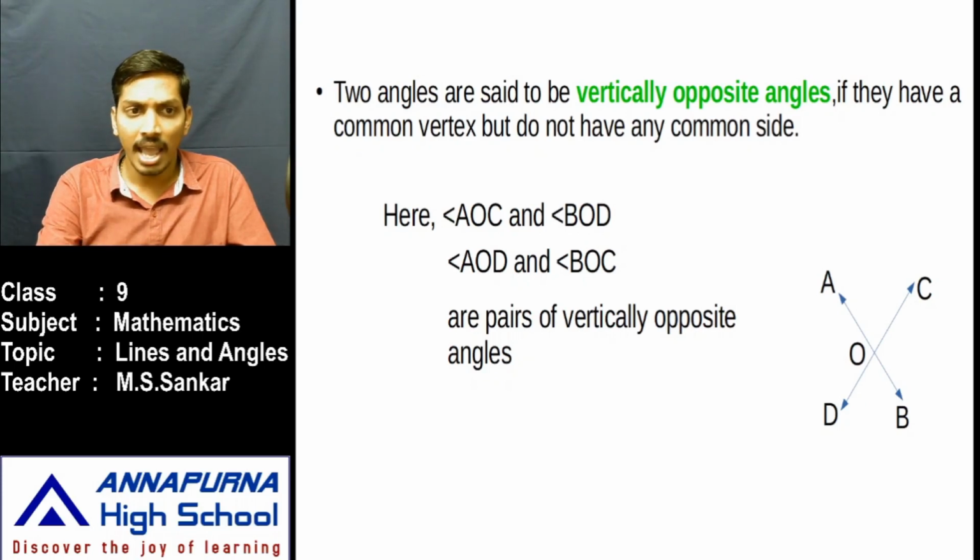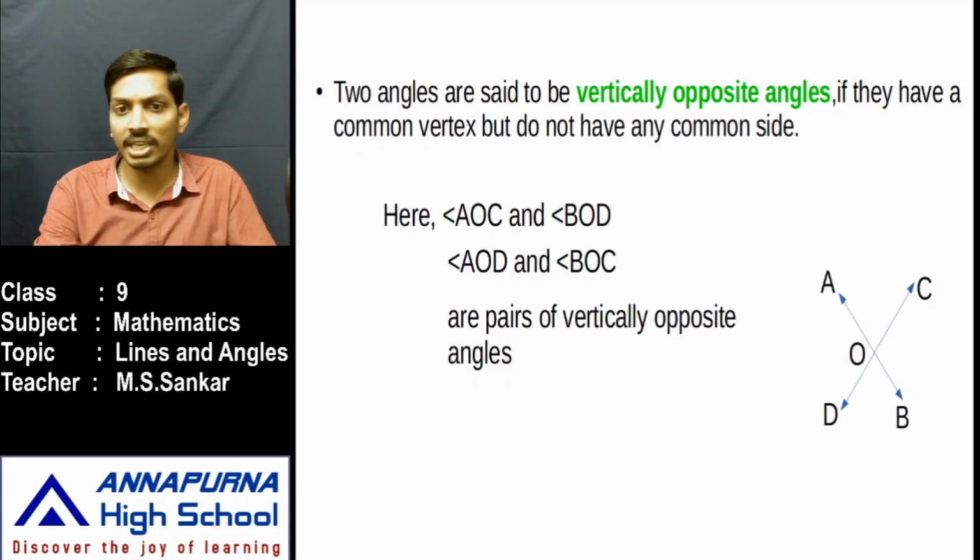See the figure. Angle AOC and angle BOC are adjacent angles because O is the common vertex and OC is the common side. So angle AOC and angle BOC are adjacent angles, not vertically opposite angles.